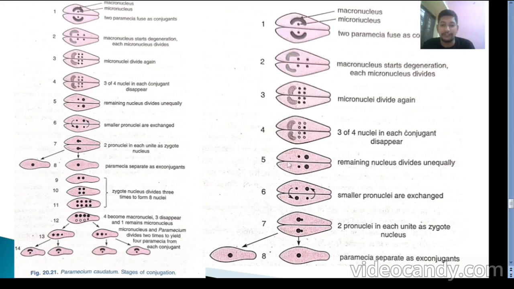You can see in the fifth stage, one is smaller, one is larger. The smaller pronucleus is called the male pronucleus, and the larger one is called the female pronucleus. Okay, small is male, larger is female pronucleus.